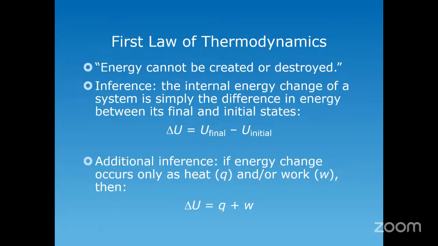Delta U is equal to Q plus W, right? So basically what this is saying is that the change in internal energy is equal to the amount of heat change for the particular system plus the amount of work that is done on the system. That's basically what this equation is telling us, all right? So that's the result of the first law of thermodynamics.